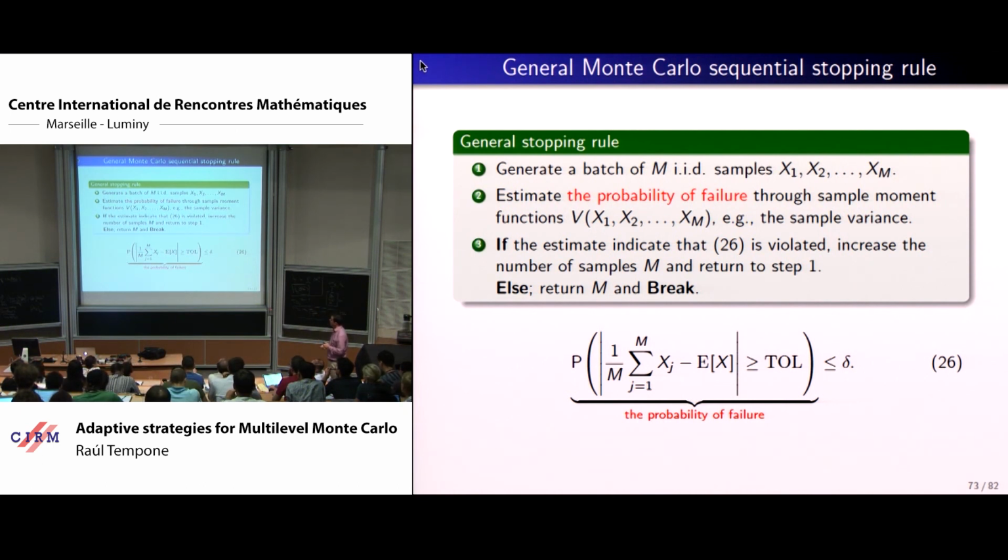Okay, so this is a general stopping rule, right? Based on the samples, you're going to estimate the probability of failure, and based on that, we are going to accept or not. The probability of failure is actually the probability of your approximation not being close enough to toll with the prescribed probability. So this is the event of failure having a value larger than delta, essentially.